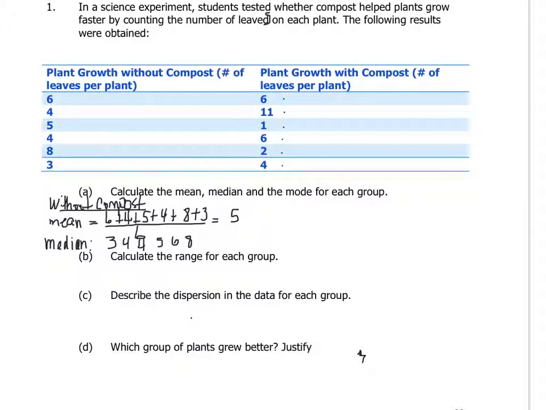So the middle piece of data here would be the average of 4 and 5, or the mean of 4 and 5, which would be 4 plus 5 divided by 2, which is 4.5. And the mode would be equal to 4 for the without compost.